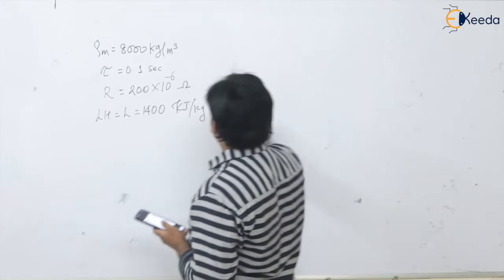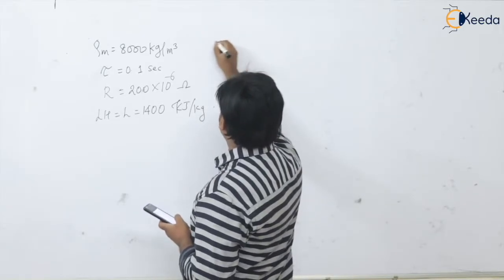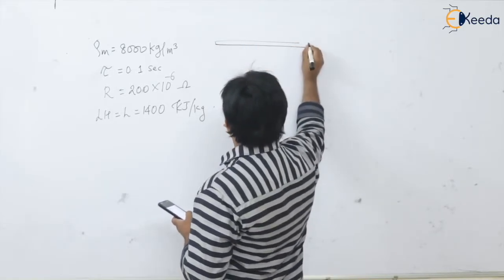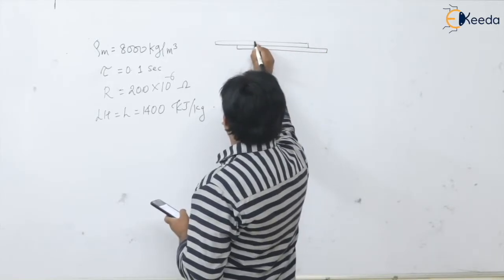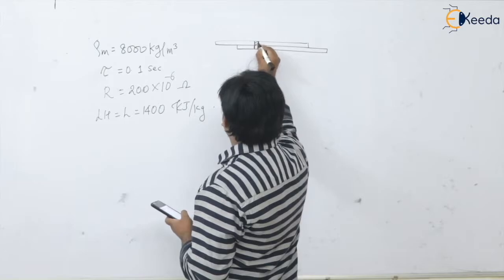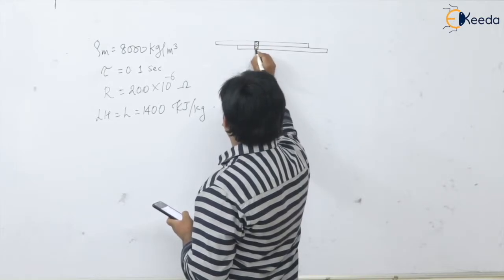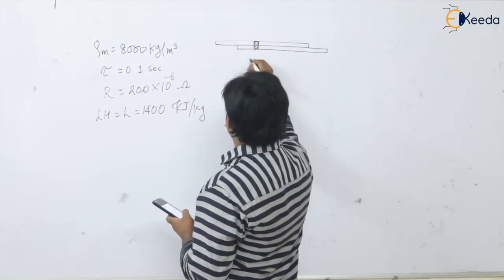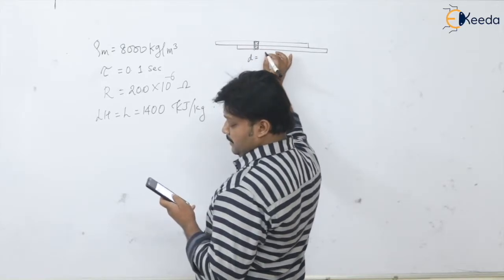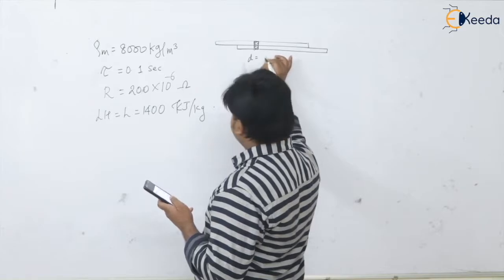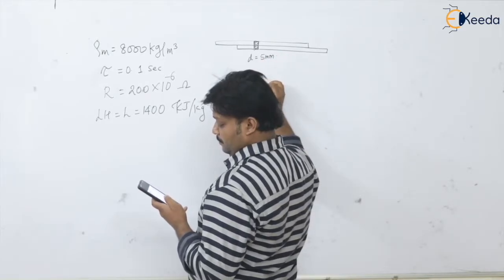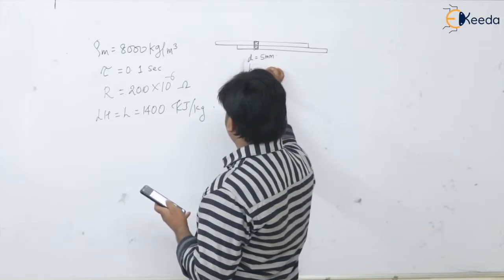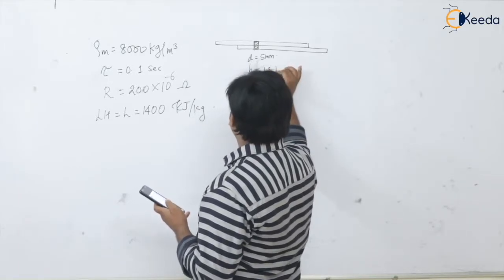And here a cylindrical nugget is going to form, with the diameter of the nugget 5 and the thickness, height of the nugget, 1.5.